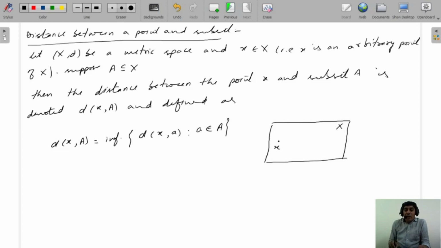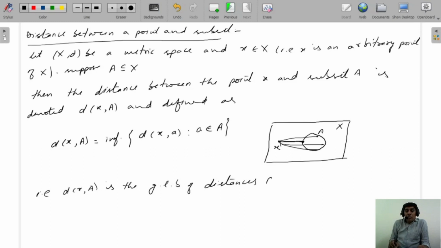Let x be an arbitrary point of capital X and A is a subset of capital X. Then we have to find the distance between x and A, that is the minimum distance between x and A. That is, d(x,A) is the greatest lower bound of distances from the point x to the subset A.